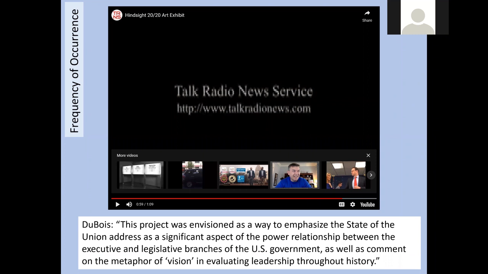If you're an educator, any thoughts on how you might use this project with your students, whether the format of the eye chart or dealing with presidents and their speeches and their leadership?